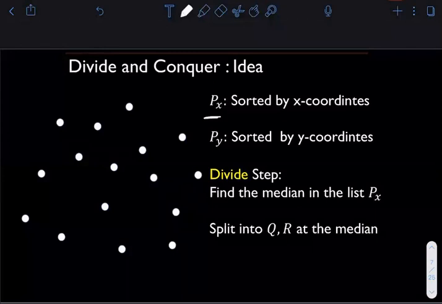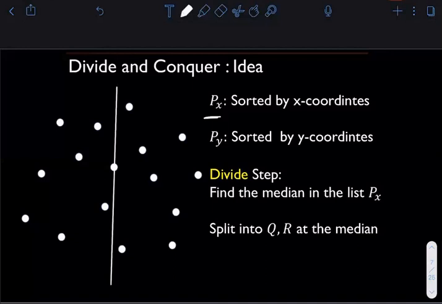What it essentially means is I am drawing a line somewhere in the middle of this picture, somewhere here. I did not draw it very well. It should coincide with one of the points. So let's say something like that.